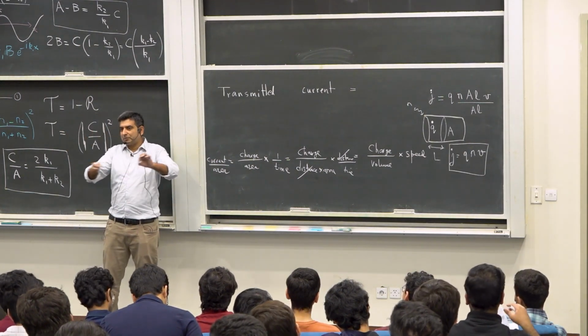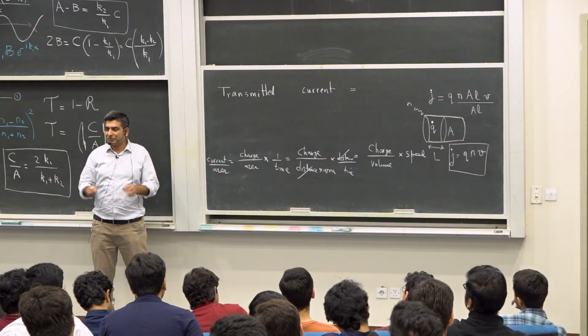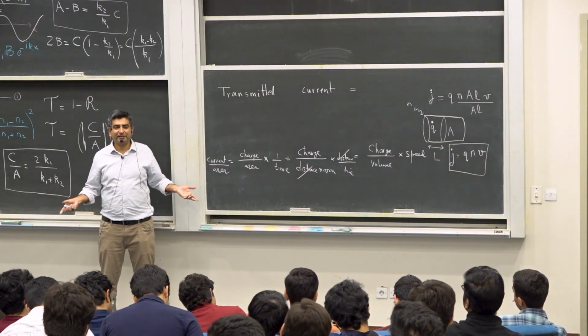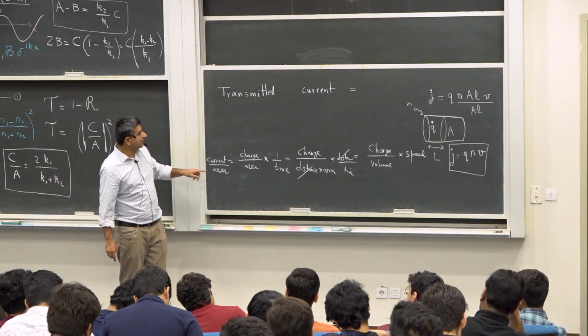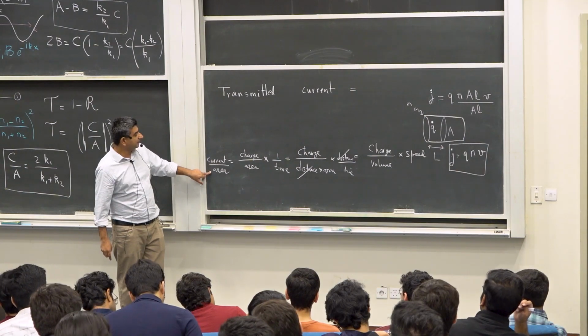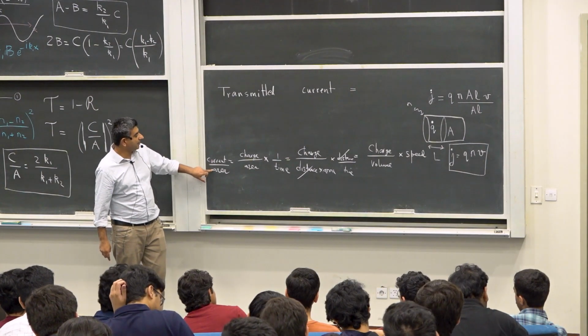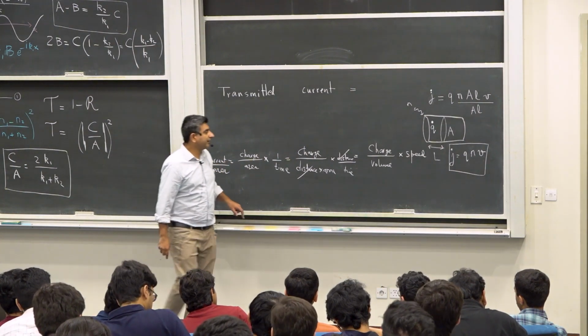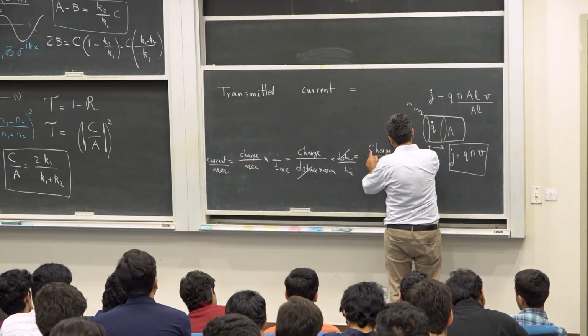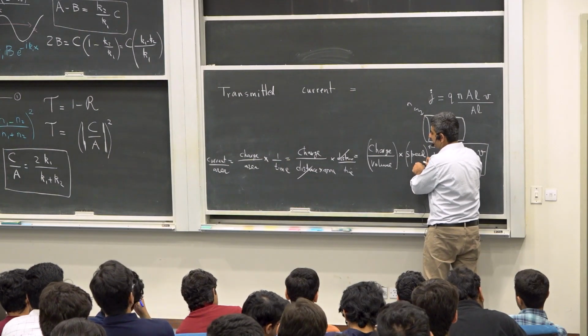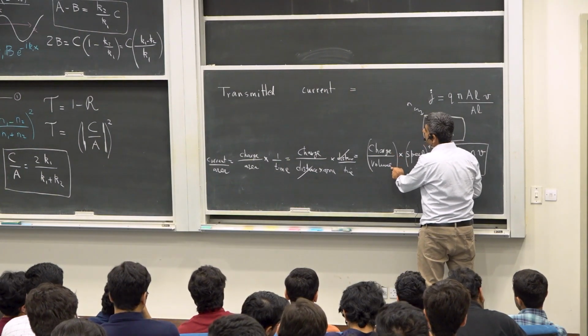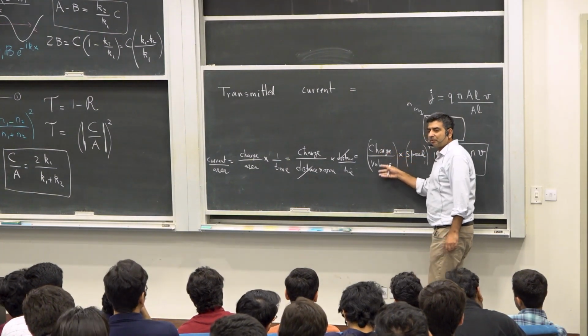So now I'm dealing with a one-dimensional system, so really I need to have length instead of area. But the point is that this current over area is this thing multiplied by the speed. So the speed factor has to be taken into account.